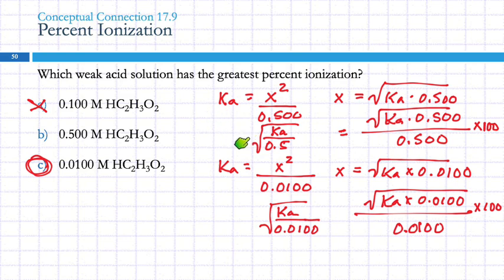So the percent ionization is related to the Ka. It's also related to the concentration. The higher the concentration, the smaller this value will be. So here 0.5, here 0.01. This is going to be a larger ionization.